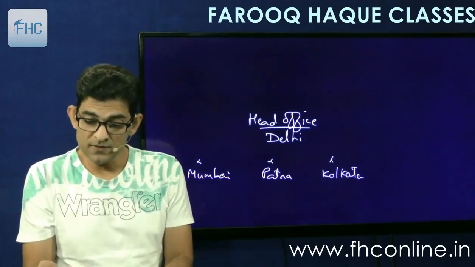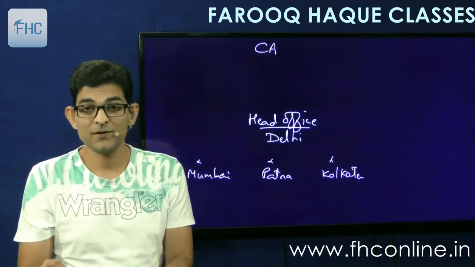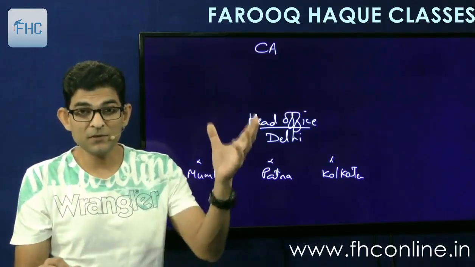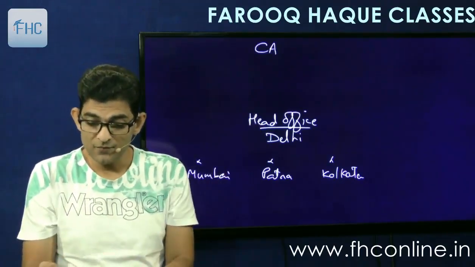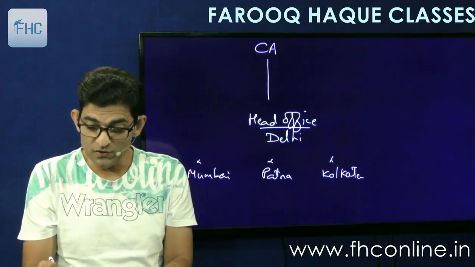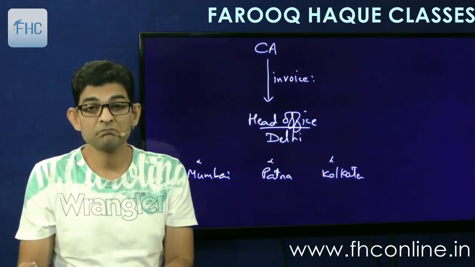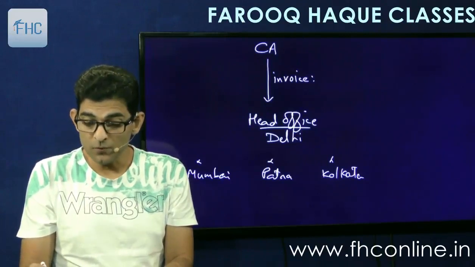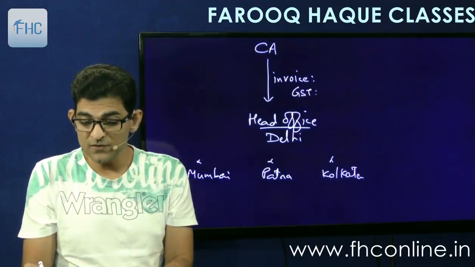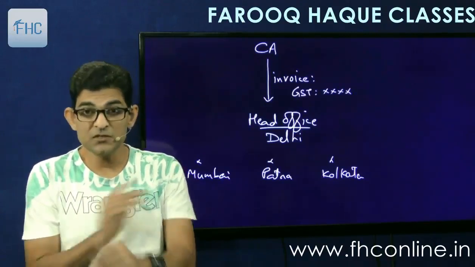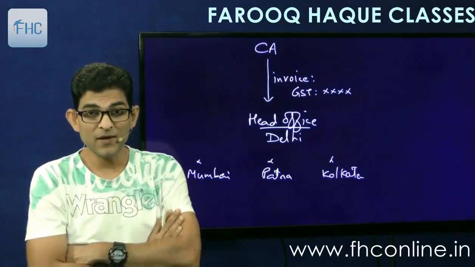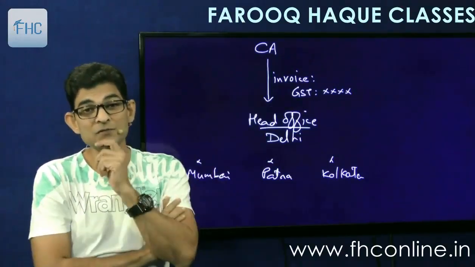Now what happens is that if suppose a CA who is appointed by this company to audit its accounts gives his invoice, that invoice will come to the head office. What about the GST in this invoice? There will be GST also. Now who will take credit of this GST?